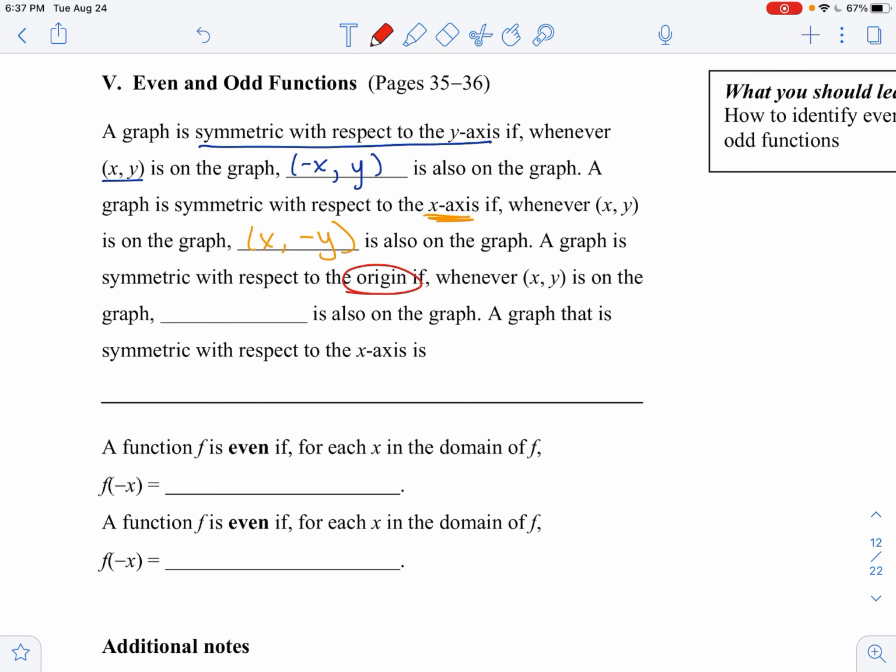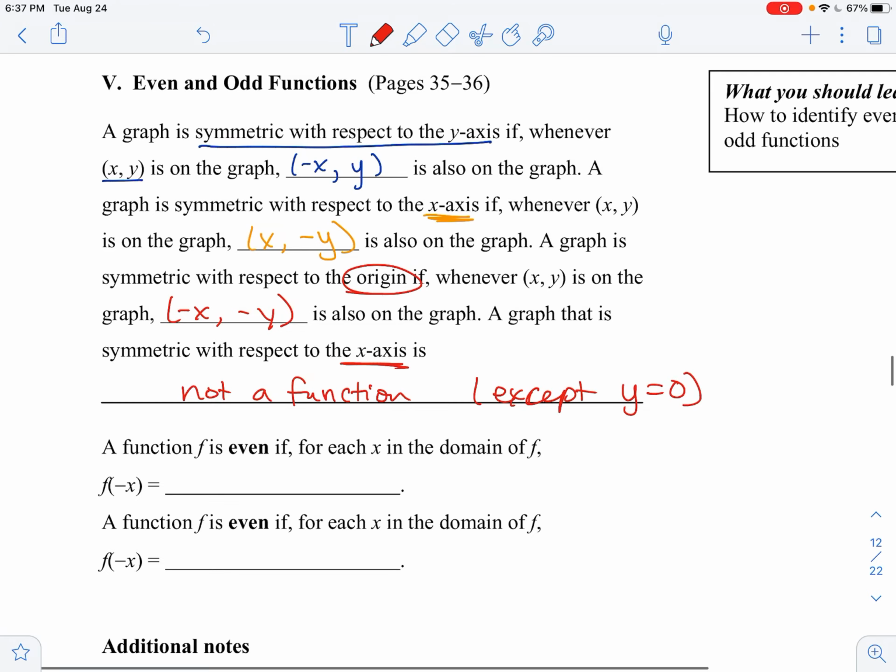And if it's symmetric with respect to the origin, it becomes (negative x, negative y). Also, a graph that's symmetric with respect to the x-axis is not a function usually, with the exception of the graph of y equals 0.